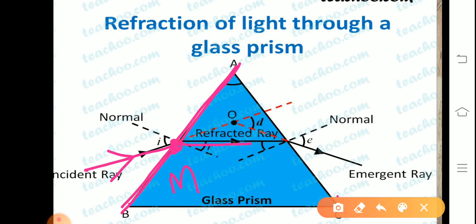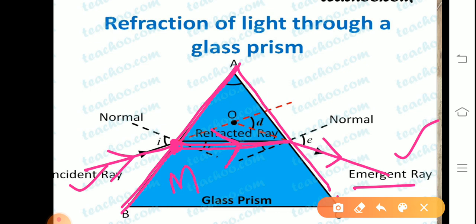It should refract, right? Yes, it passes through the prism. This is the direction of the light ray inside the prism. And after refraction, from the other plane surface like AC, the refracted ray comes out, that is the emergent ray. This is the incident ray.